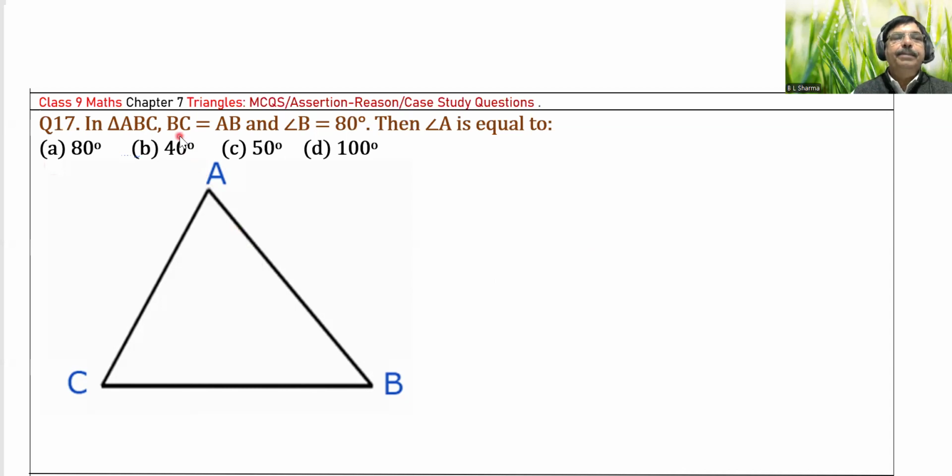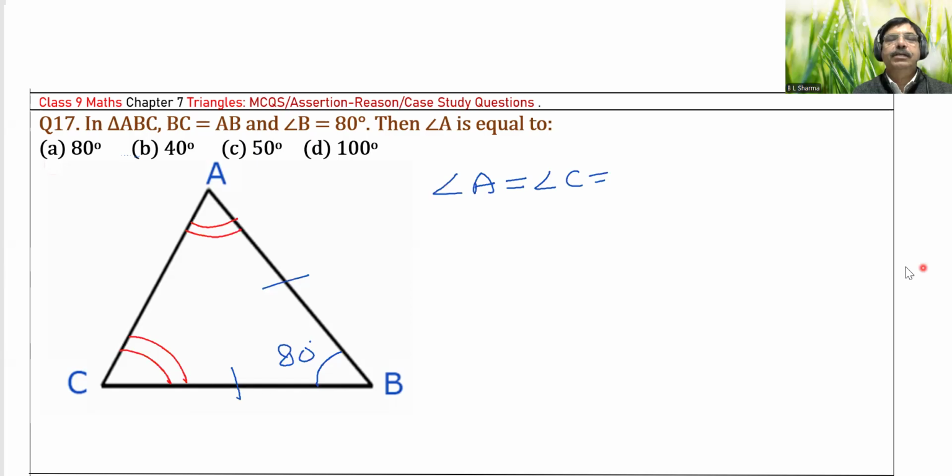In triangle ABC, BC is equal to AB and angle B is equal to 80 degree. Find angle A. We know when two sides of a triangle are equal, their opposite angles are also equal. So angle A will be equal to angle C. Suppose this angle is equal to x degree. But by angle sum property, we know that sum of all three angles, means angle A plus angle C plus angle B, is 180 degree.